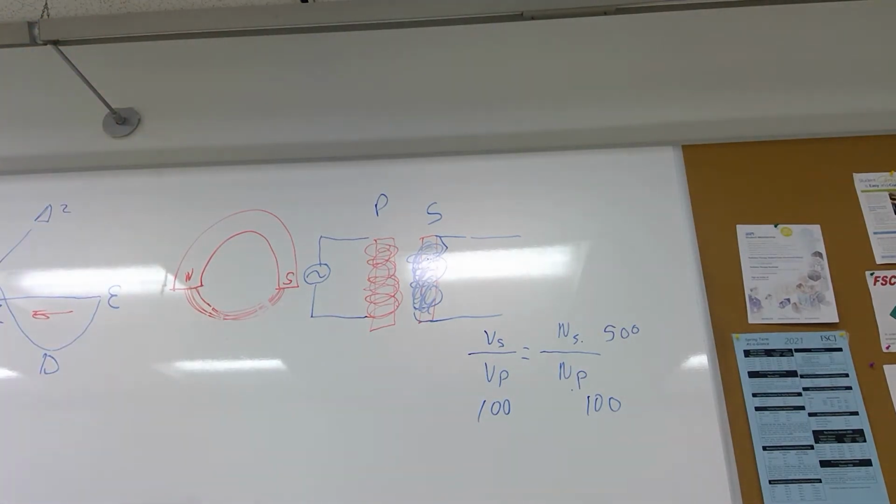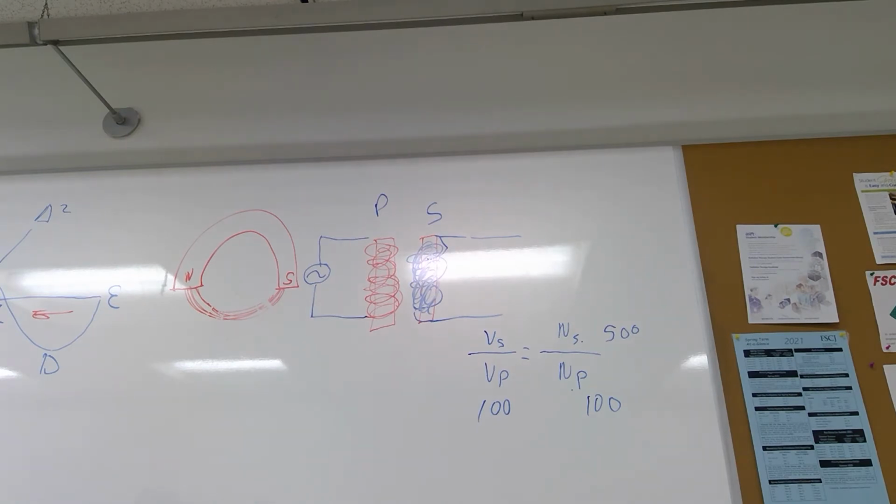So just looking at that, is it gonna be more than 100 volts? It's gonna be more than 100 because the nature of the problem is it's step up. So what'd you guys get? 500.